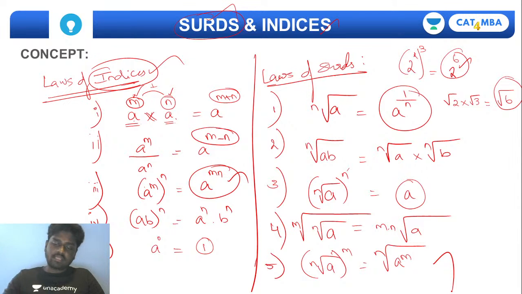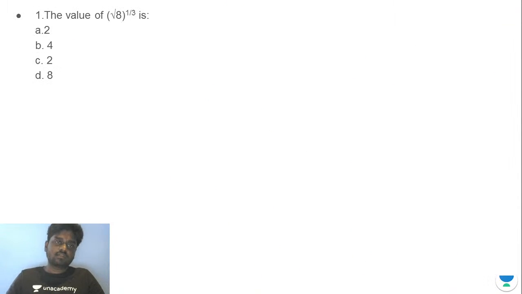Okay, let me take you to the very first question for today's session. I just want everybody to give me the right option for the given one. First one: 8 root 8 the whole power 1 by 3.